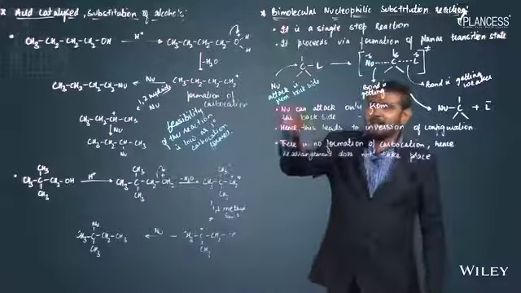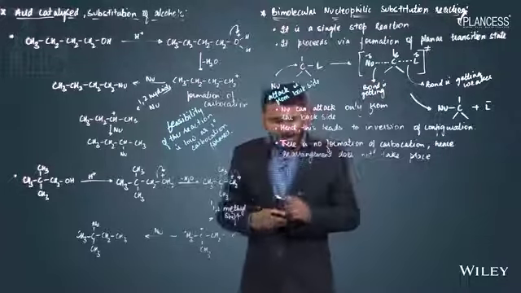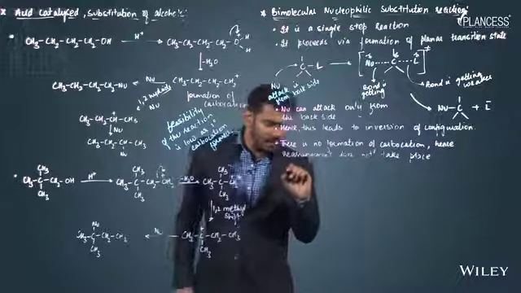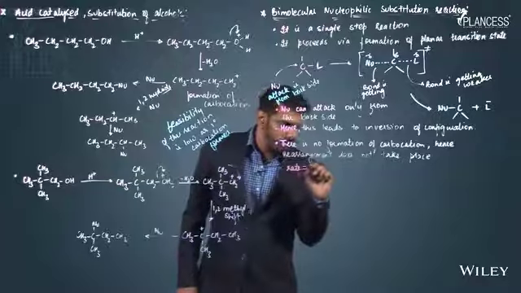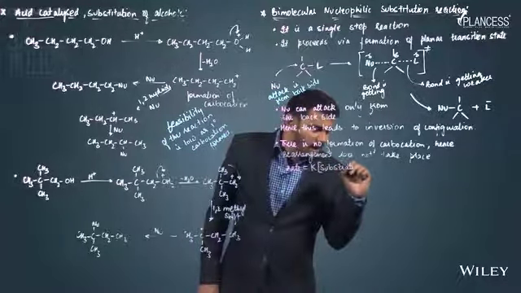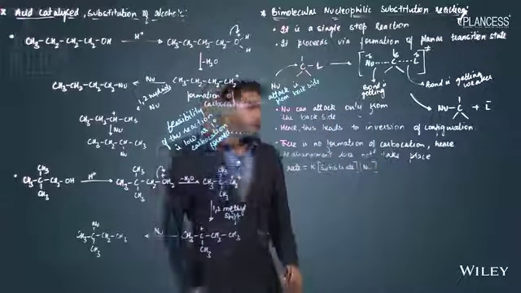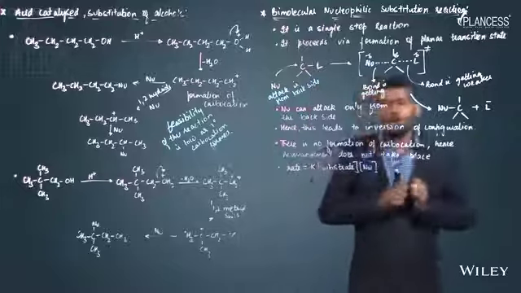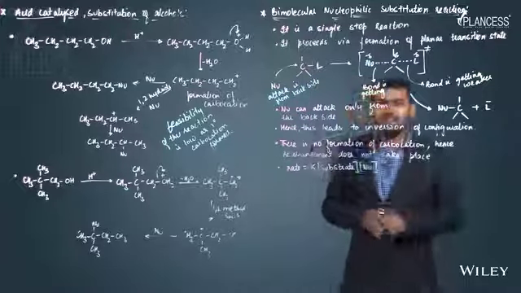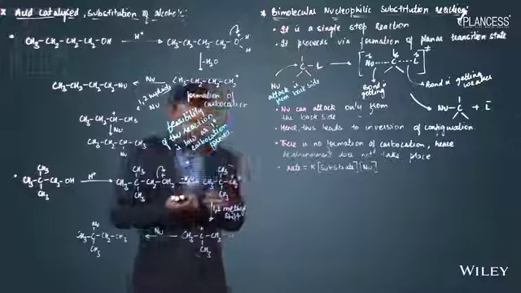Now, when the attack and leaving group departure are happening at the same time, I can say the rate kinetics is: rate is equal to concentration of substrate as well as concentration of the nucleophile. So now the strength of the nucleophile and the concentration of the nucleophile play an important role.